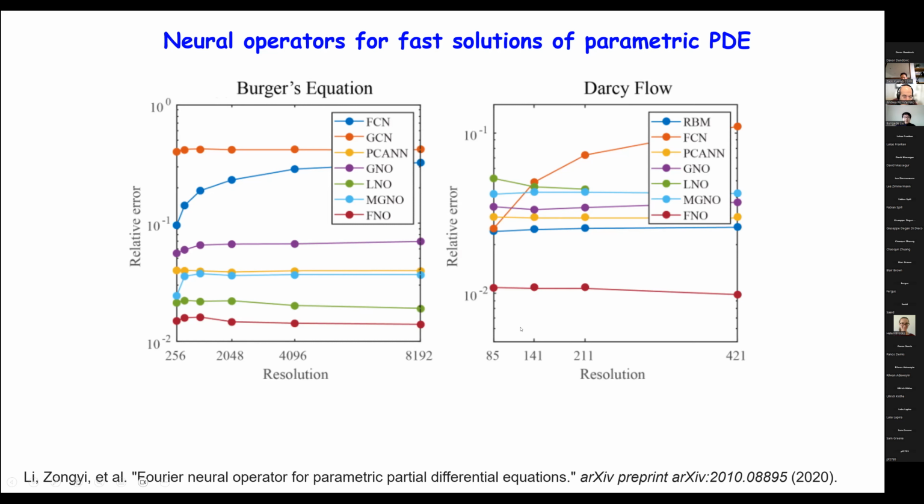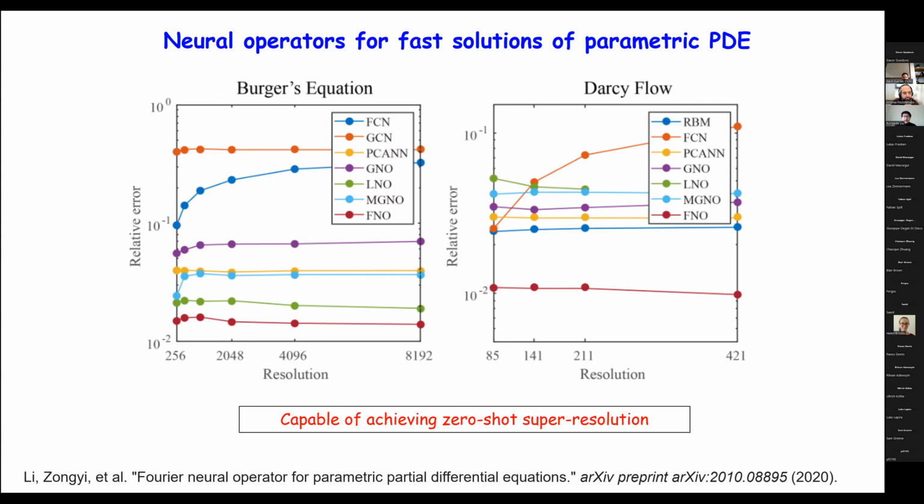Then when we test it with other resolutions, you can see that the approximation error is constant. If you use a fully connected neural network, you can see that the error increases as you move away from your training resolution. So that's the power of function space learning methods.